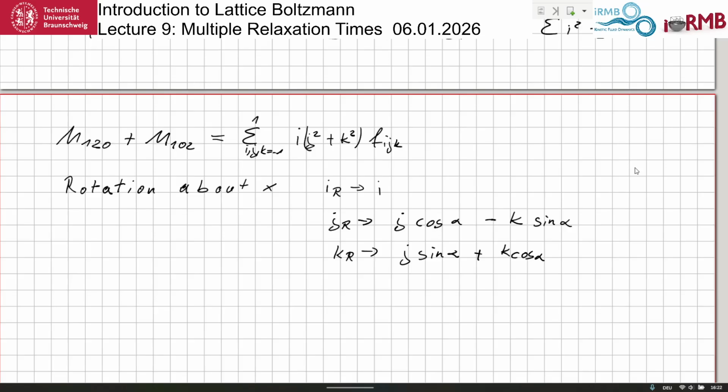So let's look at IR, IRJ, JR square plus KR square. This is the kernel under the rotation.